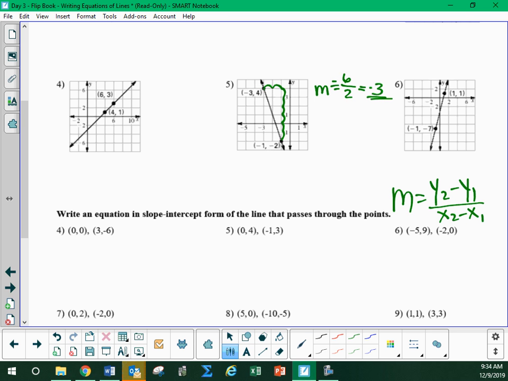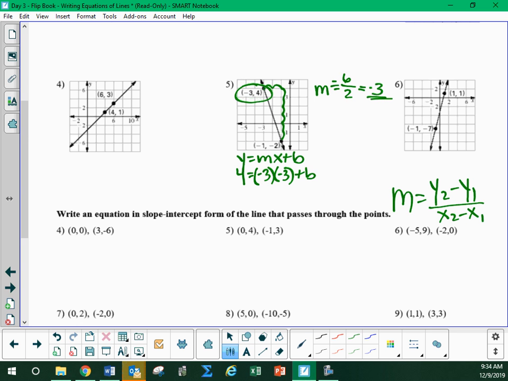So in order to find my y-intercept, I have to plug everything into my equation here. Now, you get to pick which point you want to use. I'm just going to use the first one I see. So my y value is 4. My slope we said was negative 3. My x value is negative 3. I don't know my b.